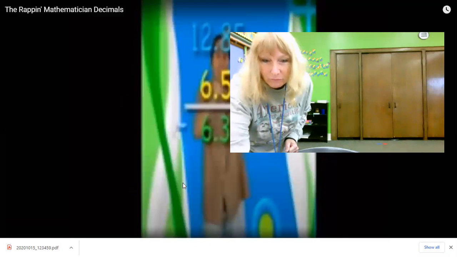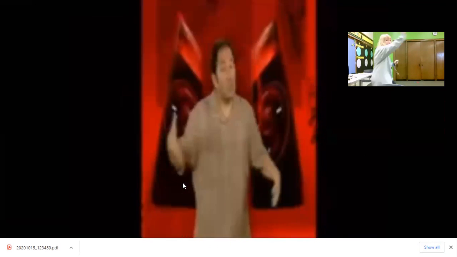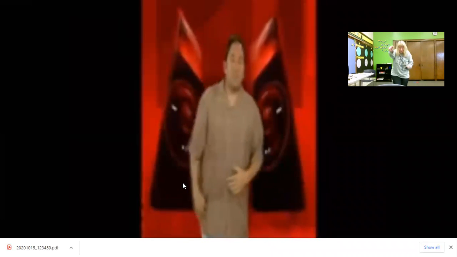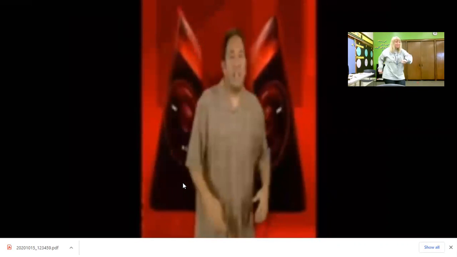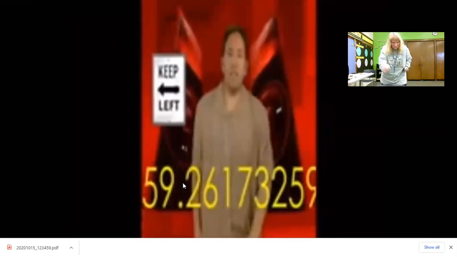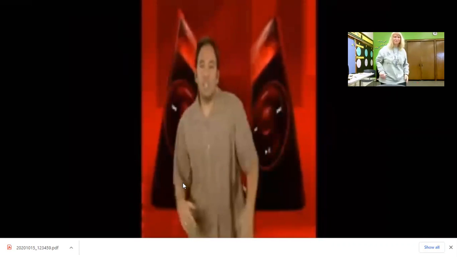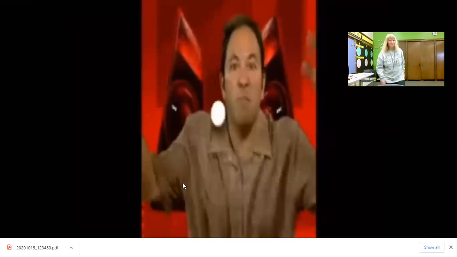So turn off the TV, forget the radio station, because the itty bitty dot is a math sensation. Move it to the right and the number becomes greater, and the itty bitty dot needs no translator. Move it to the left and the number gets smaller. Yes, the itty bitty dot is an academic scholar. So don't forget the rule, which needs no revision, because the itty bitty dot is on a great big mission.